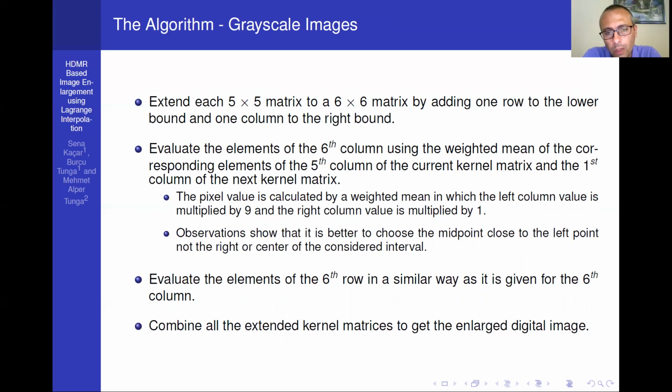So we use a very high weight for the left column in order to get the weighted average. Okay, so we use this philosophy for both the added column and the added row. And if we apply this step to all kernel matrices when we are combining them, we get the enlarged digital image at the end.